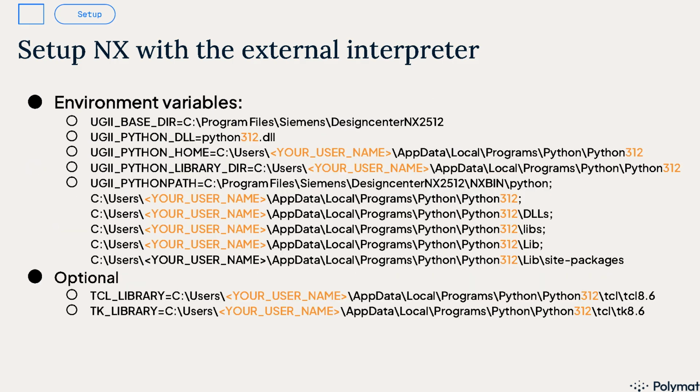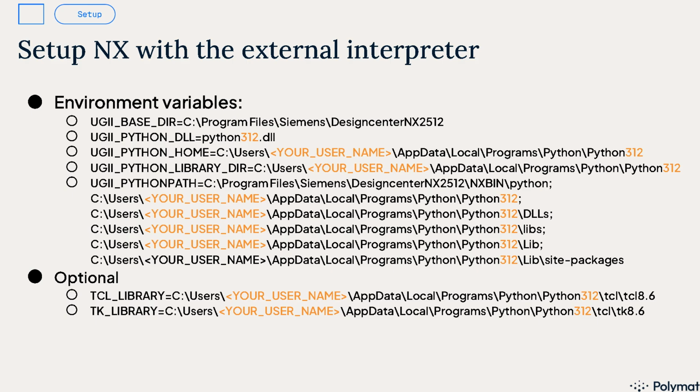And these are basically the set of environment variables that you need to set. So you've got the default UGII base here. It's the standard installation. And these are then the specific Python ones. There's a UGII_PYTHON_DLL, where you point at the DLL, just the name. So in this case, 3.12. For your version it might be 3.11, 3.10, I guess up to 3.6 if you're still on 12.